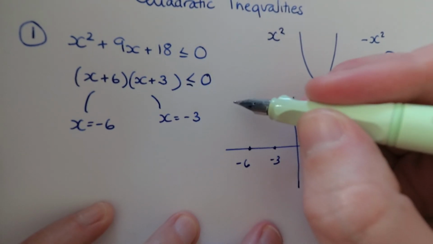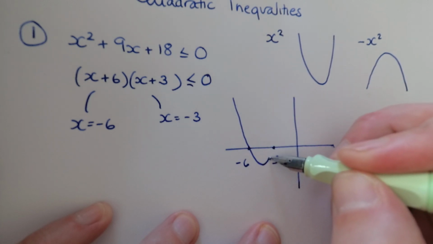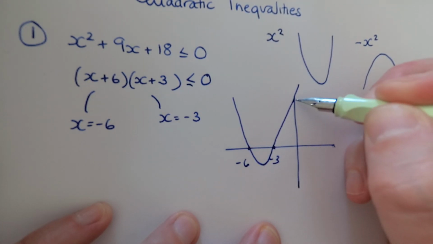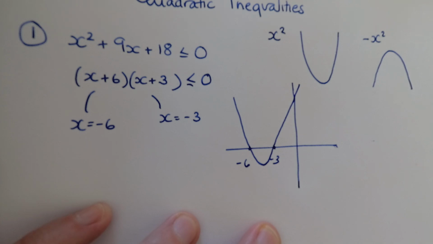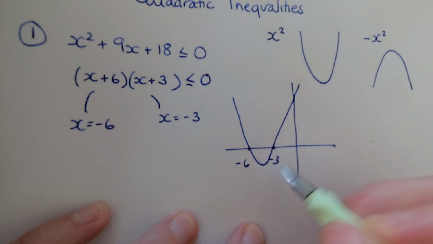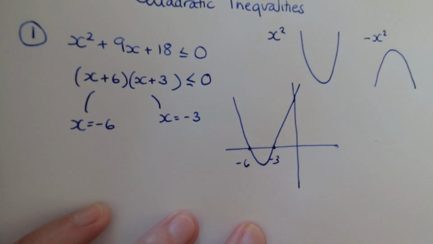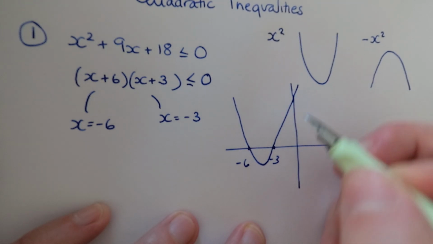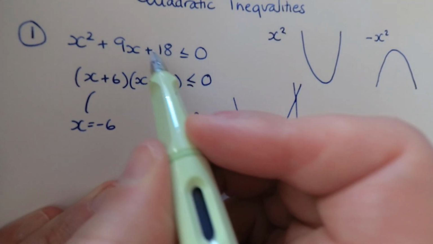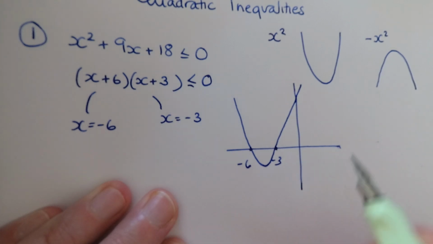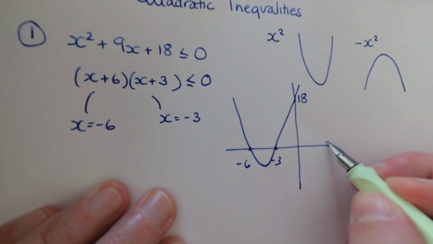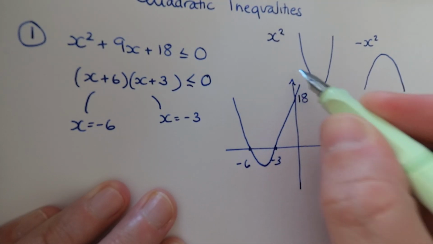Apologies for sketching with a pen. That's rubbish, but you get the idea. The parabola goes through minus 6 and through minus 3. The point of intersection with the y-axis is always the part of the equation that hasn't got an x involved, so that's going to be 18. Label your x and y.